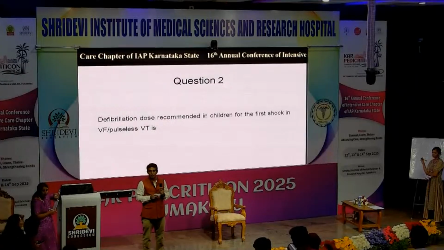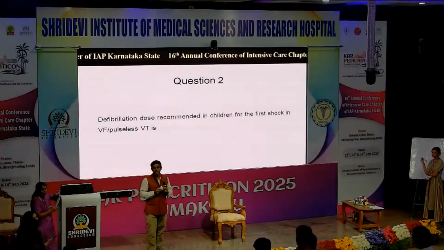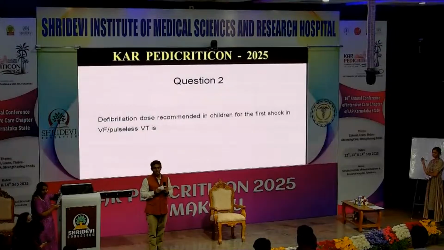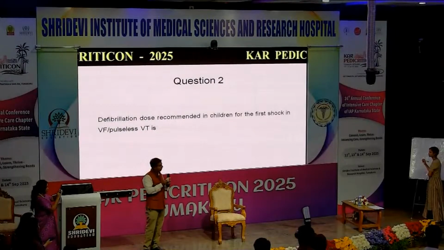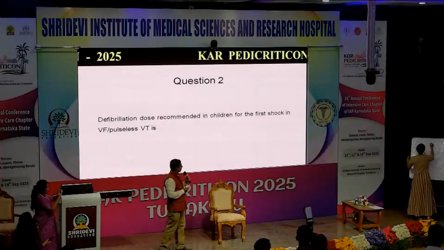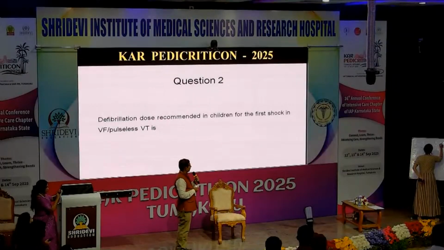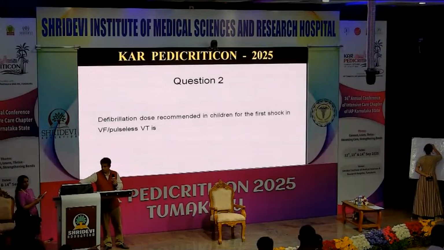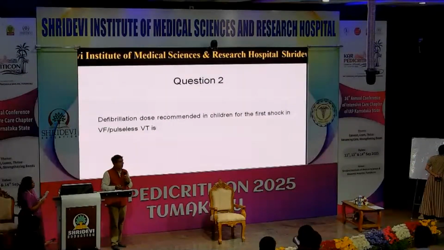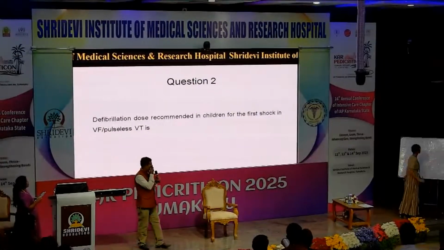What is 2 or 0.5? That's not correct. I can take 0.5 then. That comes wrong. That's okay. The others have answered. It is 2 joules per kg. All of you have answered. All of them get 5 marks each. Except the B team. A also gets 5.